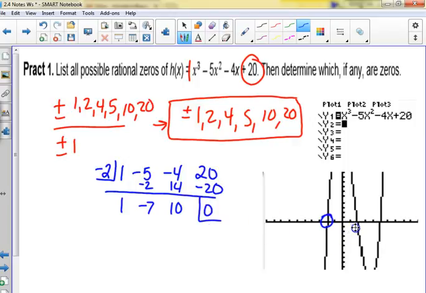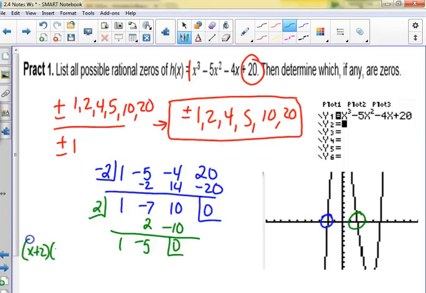Let's try, what else do we think? Now this actually would probably factor, but let's just keep going because I want to practice successive division. So do you think +2 is also 1? So I'm going to do +2, bring down, multiply, add, multiply, add. Okay, yesterday it would have said write as factors.